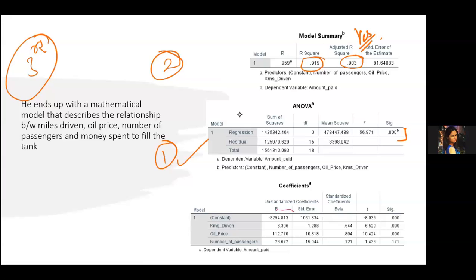Okay. So this is done, but let's see, there's something in the coefficient table that we have to figure out now. Okay, so in coefficient, we can make the regression equation again. What's going to be my regression equation?